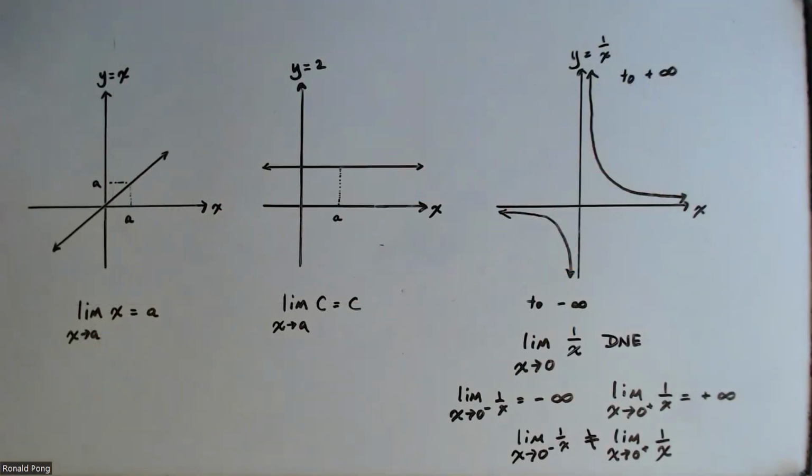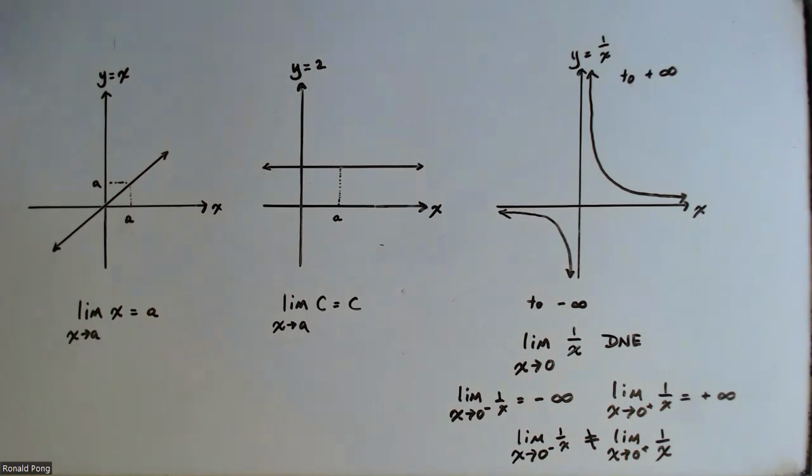We've already seen the result that when y equals x, the limit as x approaches some value a, be it positive or negative, is going to equal that value. In other words, we can simply plug in a for x. That's true, again, for when y equals x.